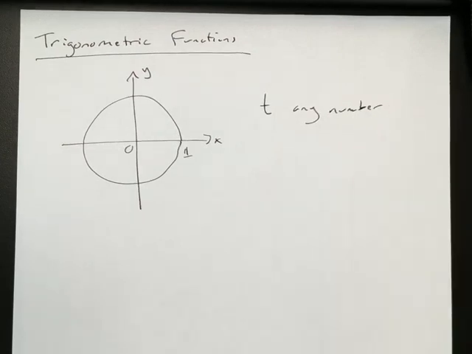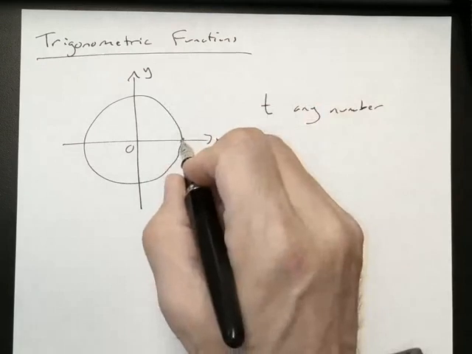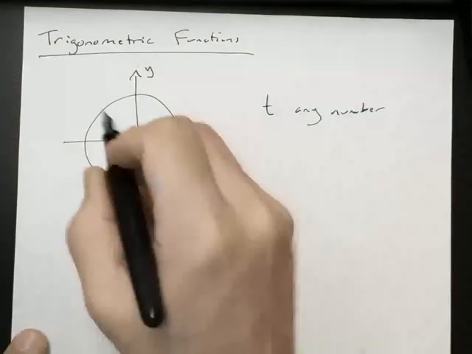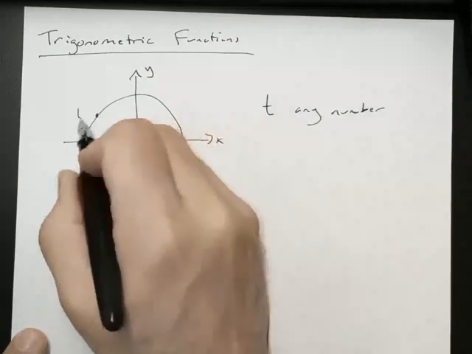And turn that number into an angle in standard position by wrapping it onto the circle. So we start here at this point, and we go counterclockwise around the circle, laying out a piece of string whose length is t. Let's suppose we end up here.